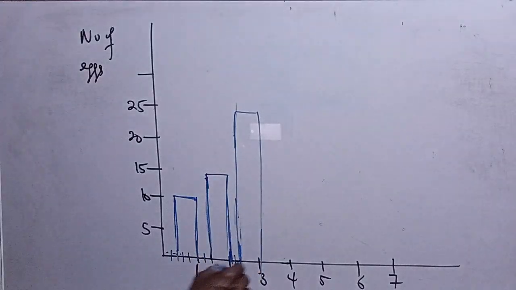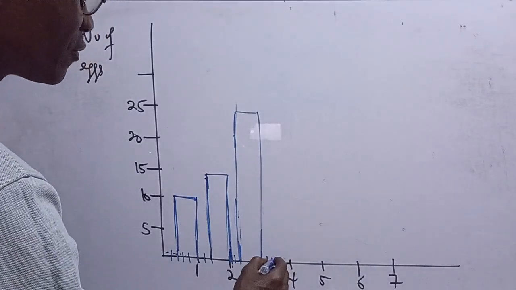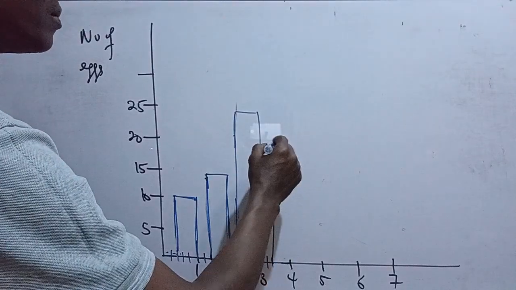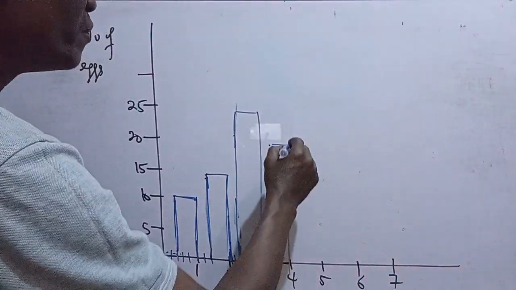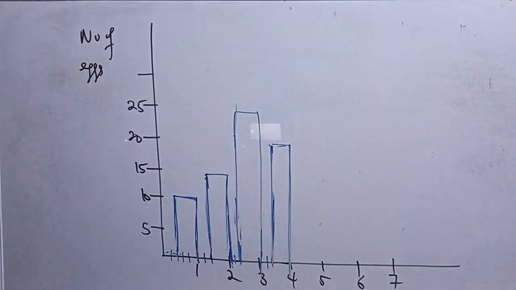Good. Now, the fourth day is 20. Leave another 2 boxes. Draw it from there, level up to 20. Okay, better. Don't forget it's not drawn to scale. This is just an explanation. The fifth day, 20 again.